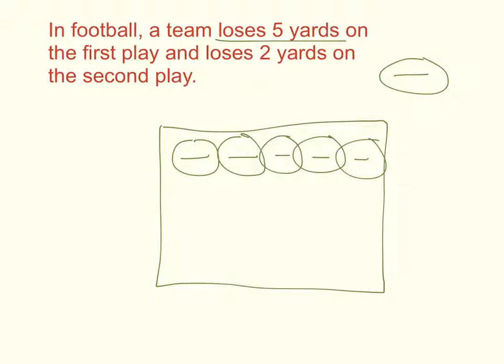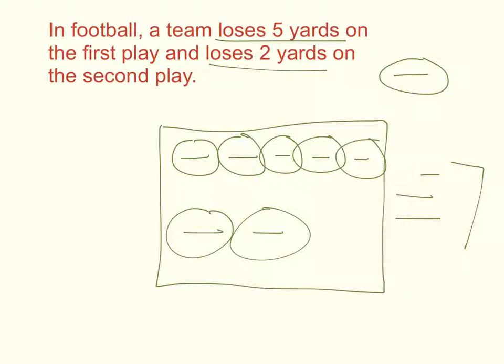Next, on the second play, they lose 2 more yards, so you're going to add in those 2 other yards. Then if you count up all of the counters together, you also have -7 counters. This way of solving will come in handy when you are working with positive and negative numbers.